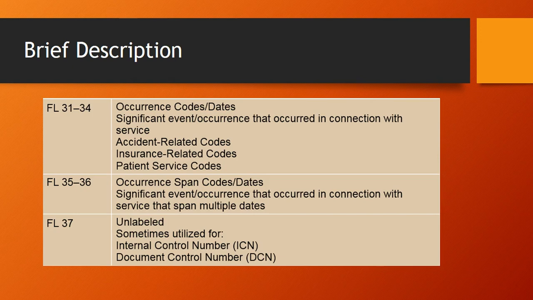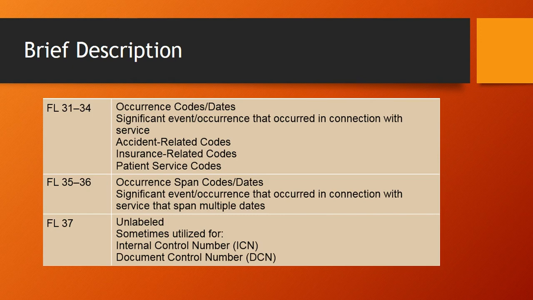FL31 through 34. These are the occurrence codes that have just one date, such as an accident or the patient's insurance. So we're just going to have one date for those. For FL35 through 36, this is when it's from a certain time to a certain time, so occurrence span codes and dates.